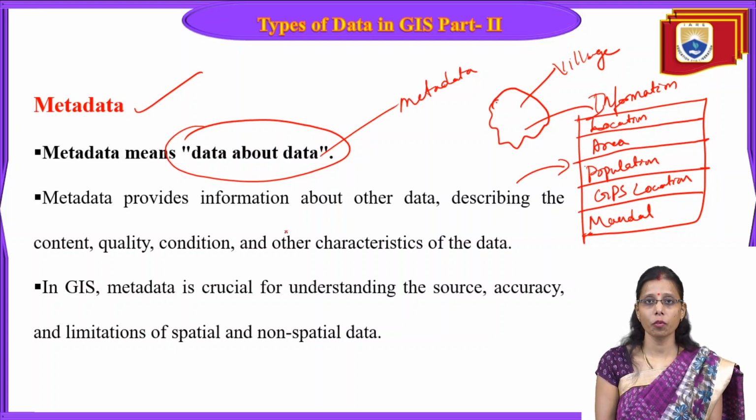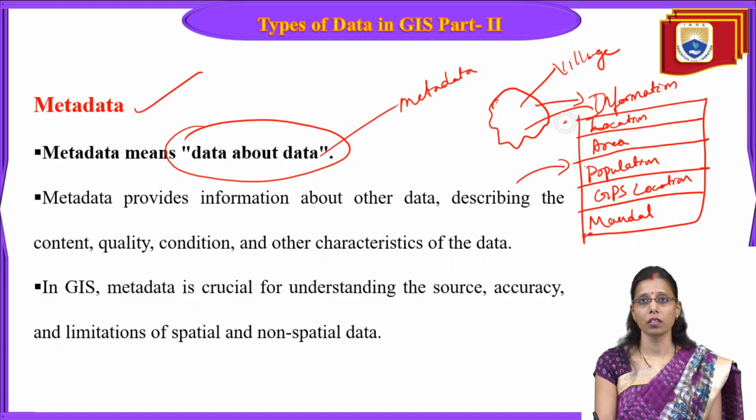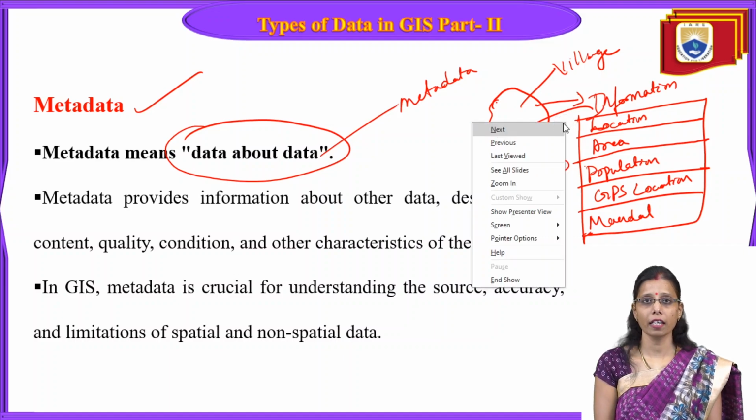Okay, so data about the data. So this is the data, and if you talk about the data, it shows you the spatial as well as non-spatial, both the information. So that is called metadata, data about the data.